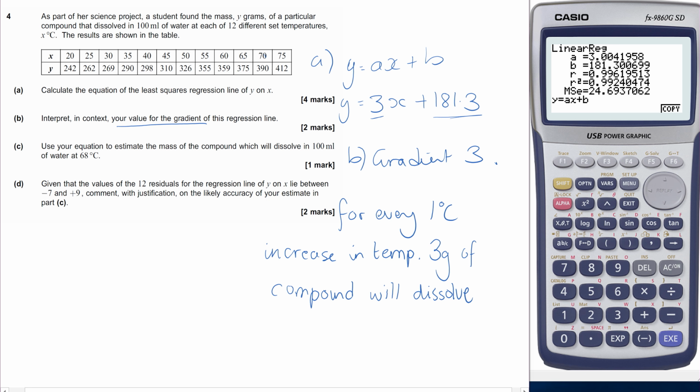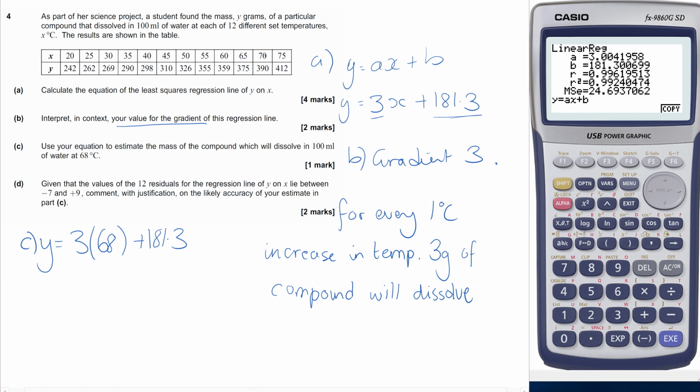Now for part C, use your equation to estimate the mass of the compound which will dissolve. I don't think any students got this one wrong unless they didn't get the original graph. So line equation. So it's y equals 3 lots, now the temperature is 68, plus the 181.3.